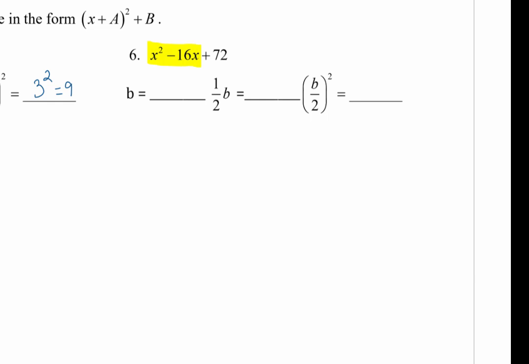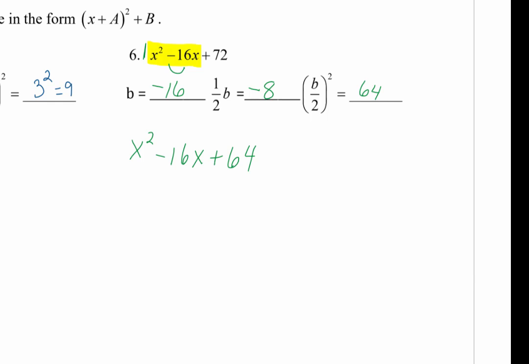Here we have again a binomial with leading coefficient 1, so that negative 16 is going to be our b. We're going to take half of that, which is negative 8, and then square that, which is 64. Negative 8 times negative 8 is 64. So we have x squared minus 16x plus 64.